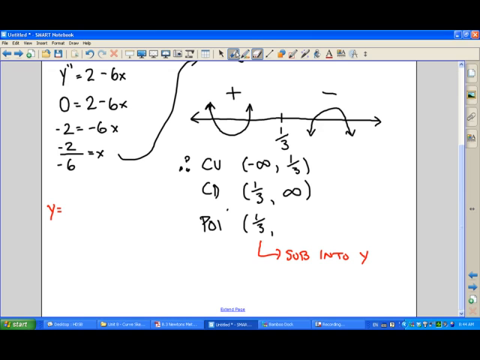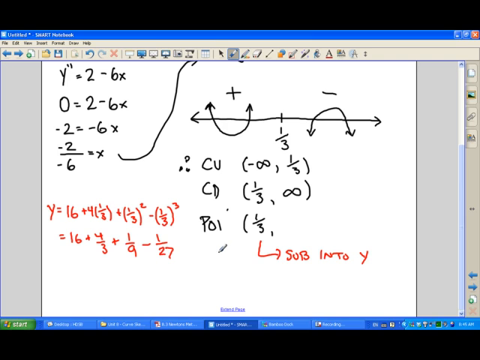Started with y equals 16 plus 4 times x, or 4 times 1/3, plus x squared, so plus 1/3 squared, minus x cubed, or minus 1/3 cubed. So I get 16 plus 4/3 plus 1/9 minus 1/27.